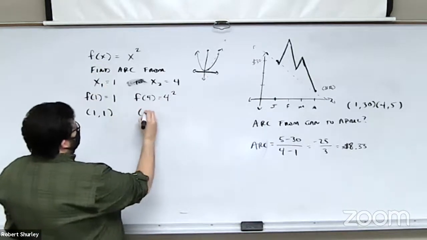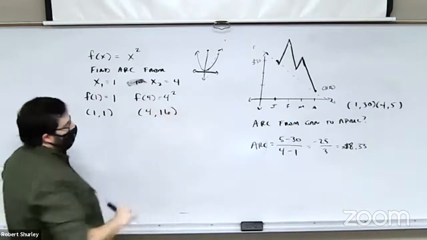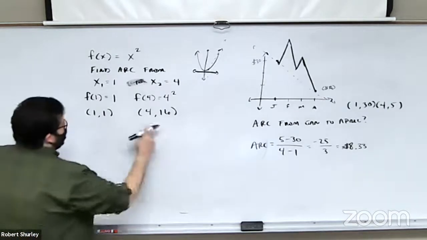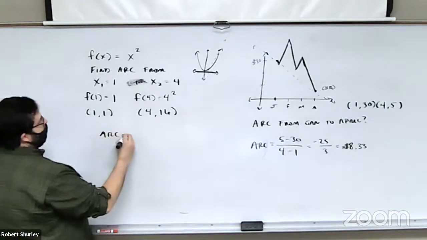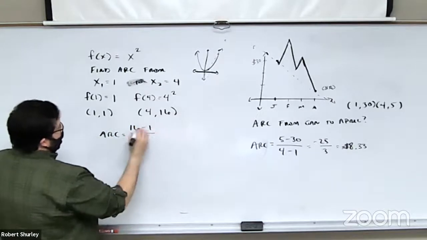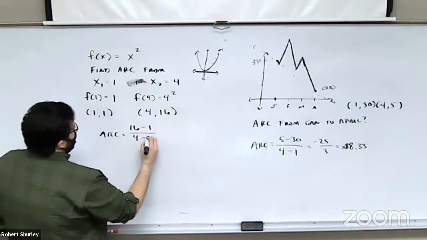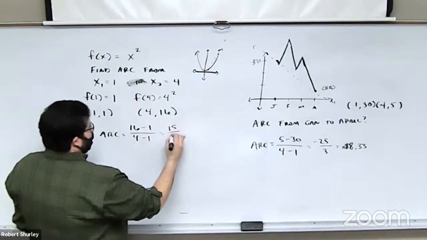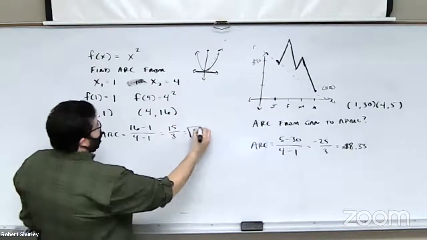So the second coordinate is 4, 16. Okay? Now we've got to find the slope from that coordinate. So the average rate of change is actually the slope from this coordinate. So 16 minus 1 over 4 minus 1. So we get 15 over 3. So we wind up with 5.